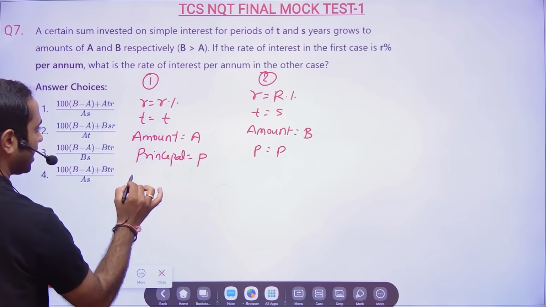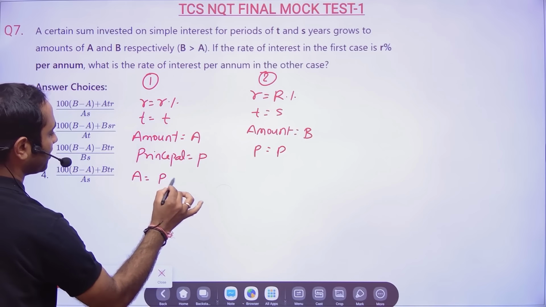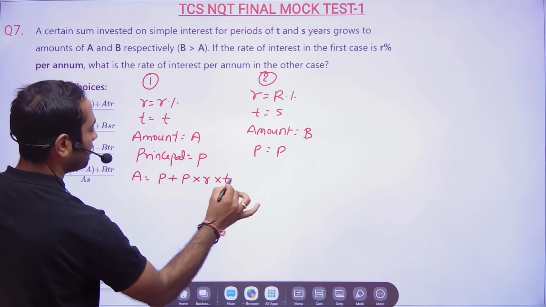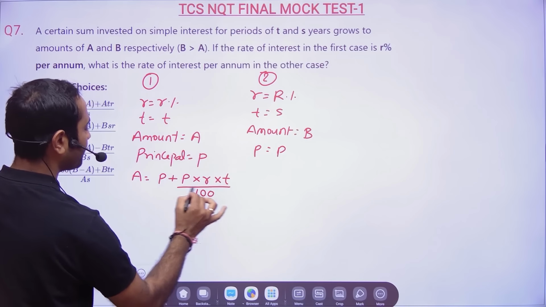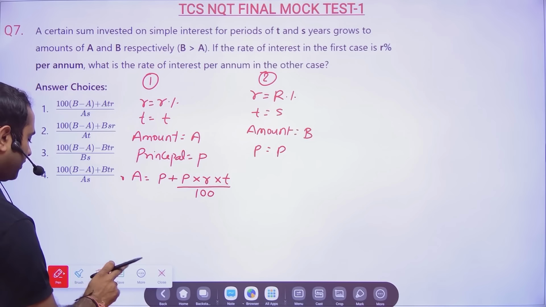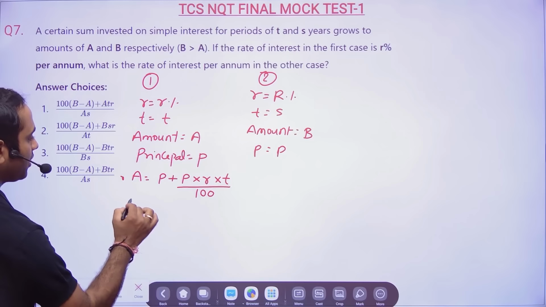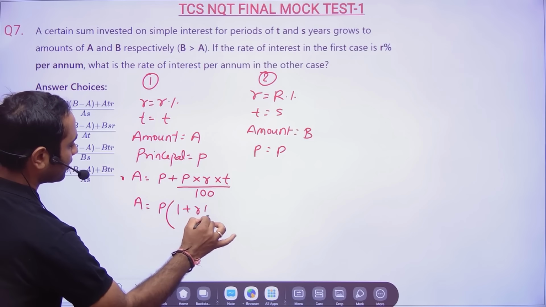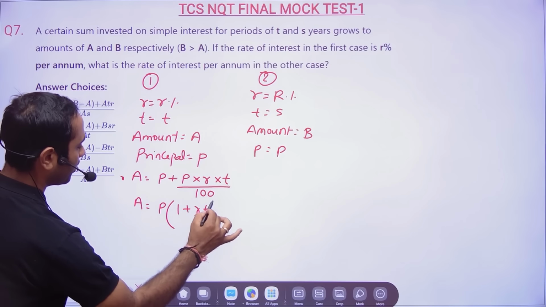Now here I said amount will be equal to principal plus P R T divided by 100. We know amount is equal to principal plus interest. A is equal to P, I will take common, so 1 plus RT by 100.